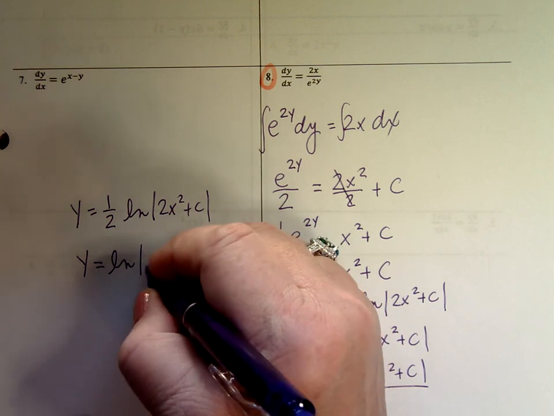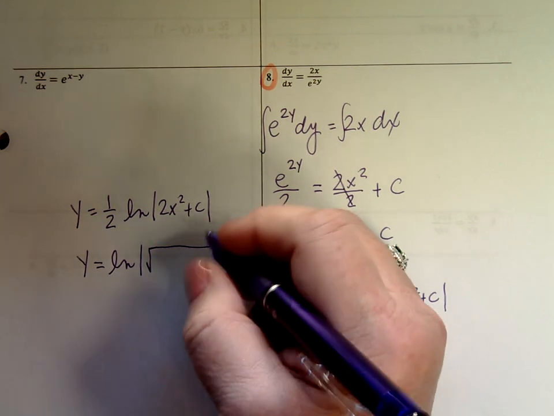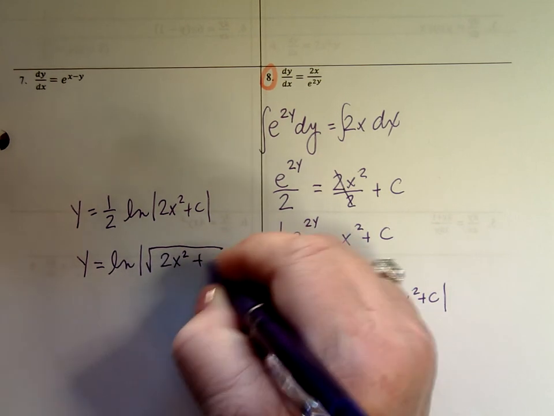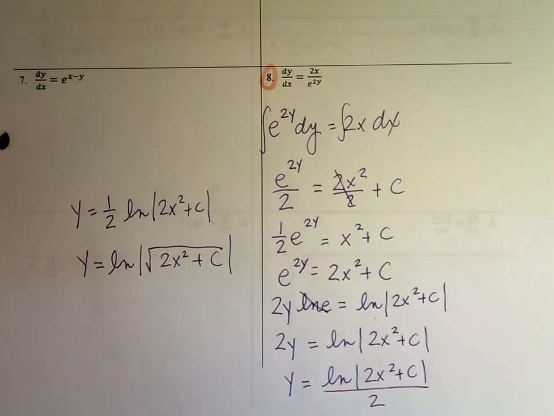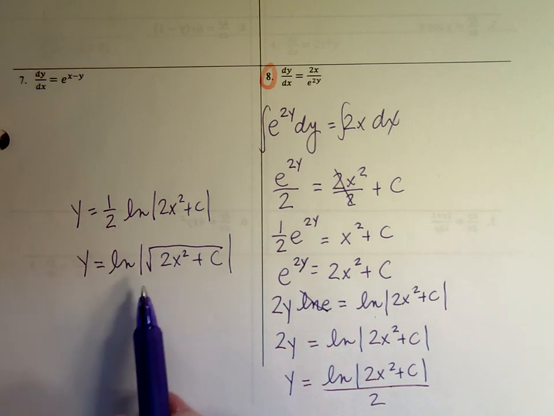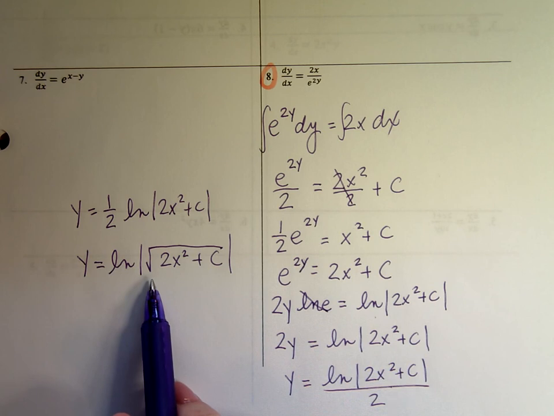The square root of 2x squared plus c, in an absolute value, because you can't take the ln of a negative number. So again, alternate forms. I probably would go for the first version that we did or the second version that we did. But just remember, if you're trying to match it to a multiple choice question, there you go.